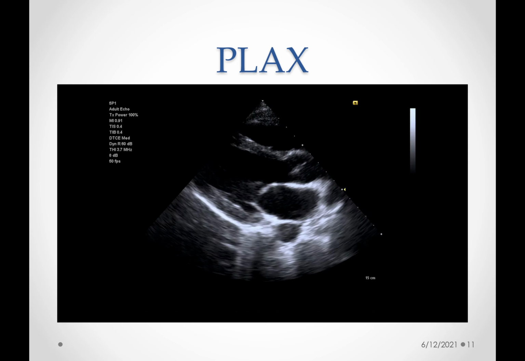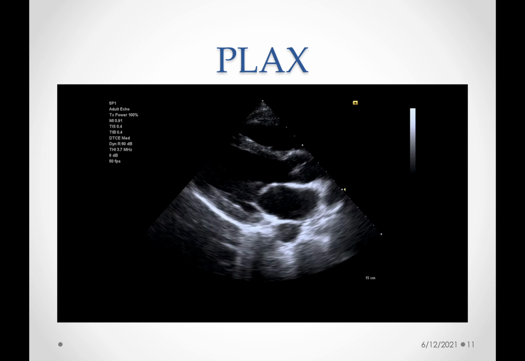Again, this is another video of the parasternal long axis view, and you can see the left atrium, the mitral valve, left ventricle, and your aortic valve there, and then your right ventricle at the top side of the screen.